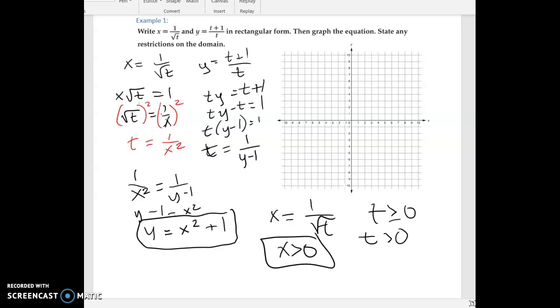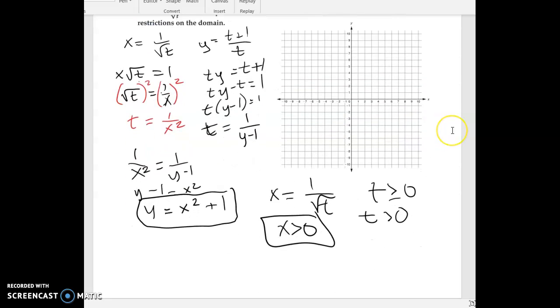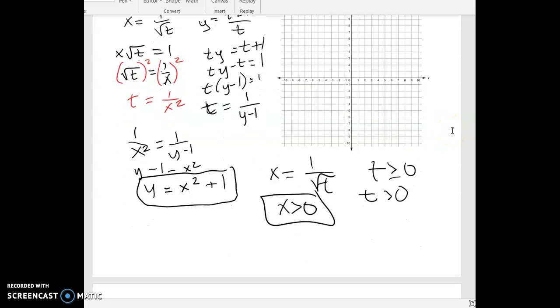And so when we go to graph this, it's a parabola. If we were to rewrite it, this is x squared equals y minus 1. So we have a vertex that is 0, 1, and the axis of symmetry is x equals 0.